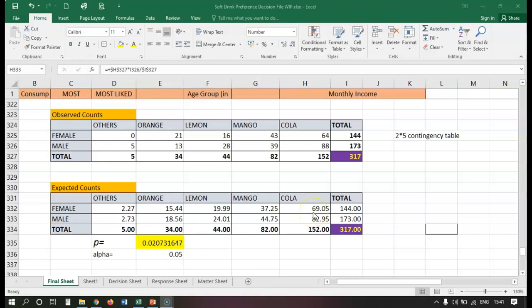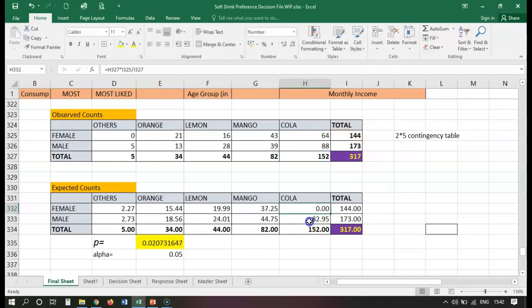So what is the expected frequency of this cell? We have to multiply the column total with the row total, that is 152 into 144, and the result should be divided by the grand total. That is, we multiply the column total into the row total and divide it by the grand total.